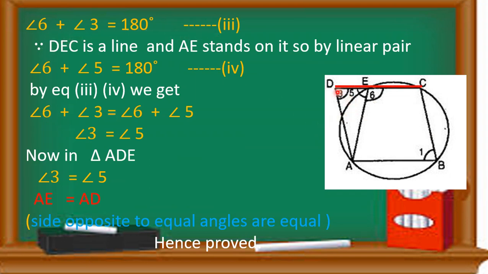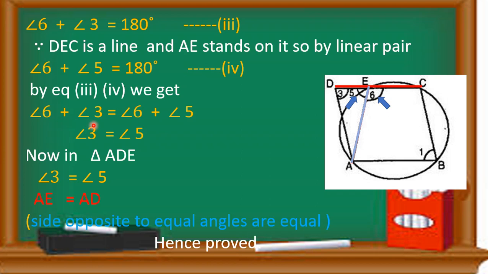Now here DEC is a line and AE stands on it. So we get angle number 5 and angle number 6, which are adjacent angles and form a linear pair. So we can write angle 6 plus angle 5 is equal to 180 degrees. Now by equation number 3 and equation number 4, what can we write?